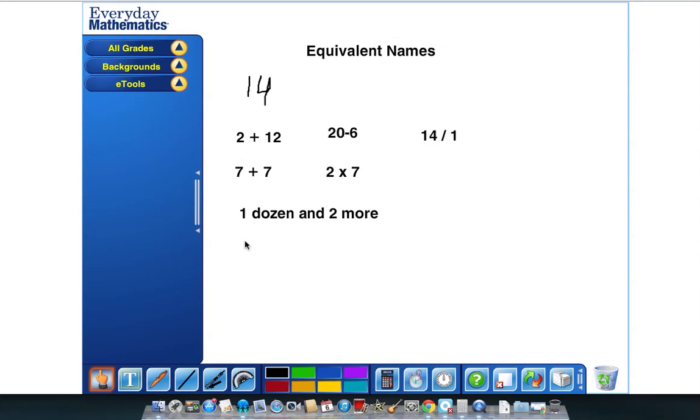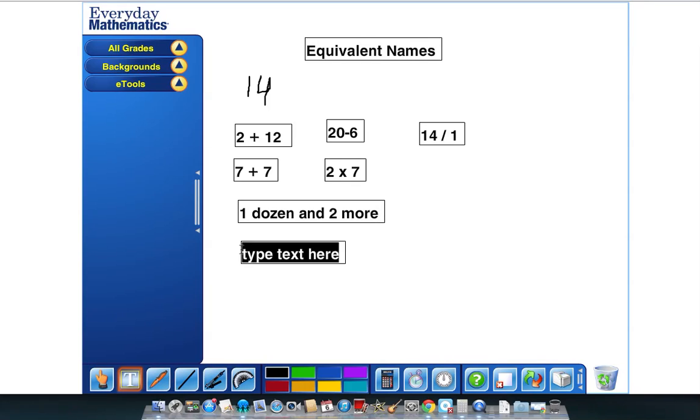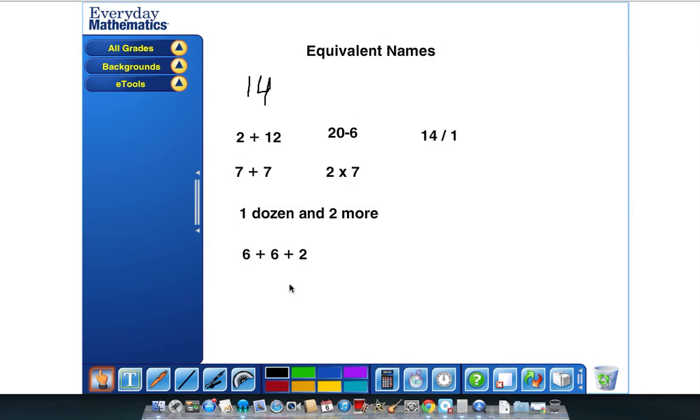Let's see. I could also do addition that's involving more than just 2 numbers. So I could do 6 plus 6 plus 2, which would equal 14.